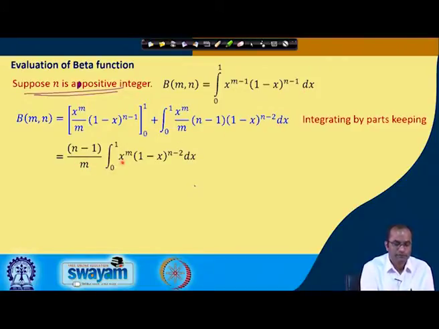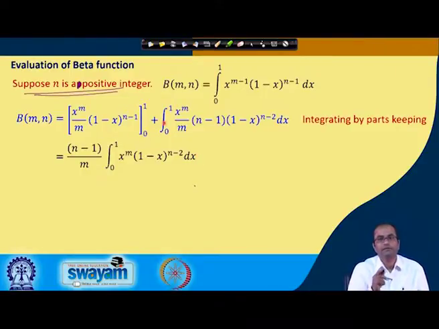So, we have now what is left: n minus 1 divided by m, which we have taken out of the integral. So, the integral becomes the integral from 0 to 1 of x to the power m times (1 minus x) to the power n minus 2 dx.